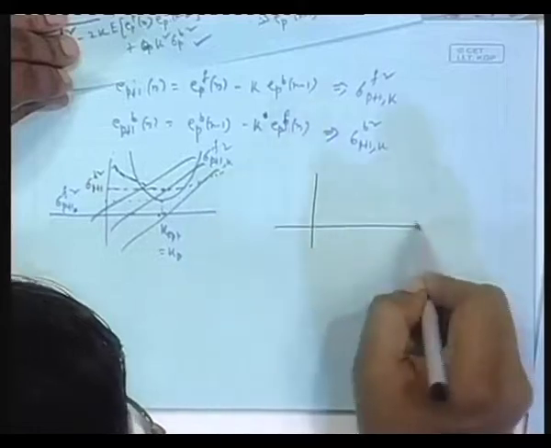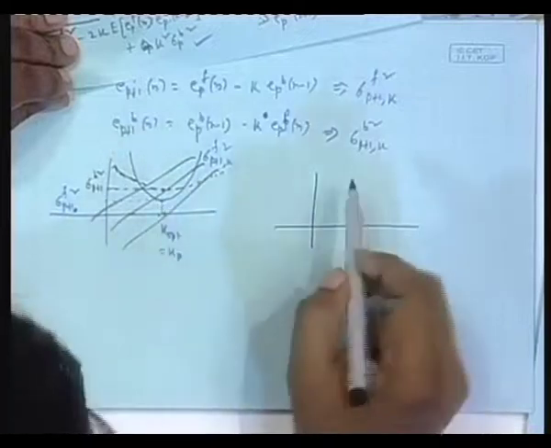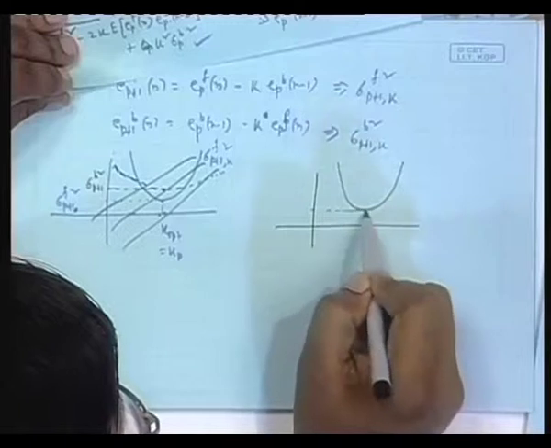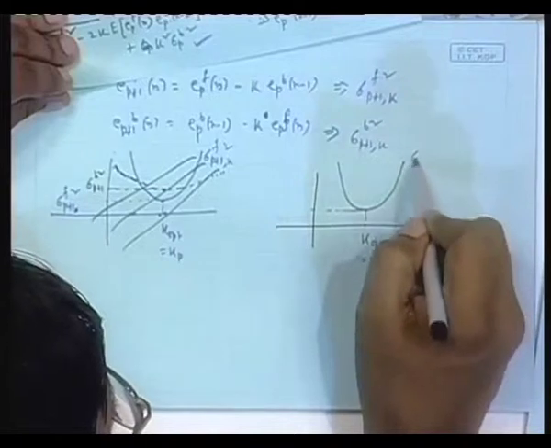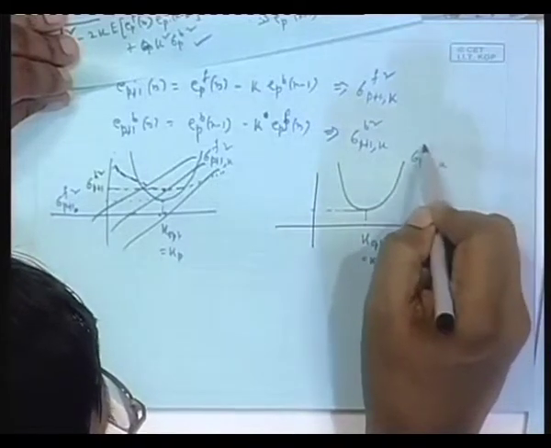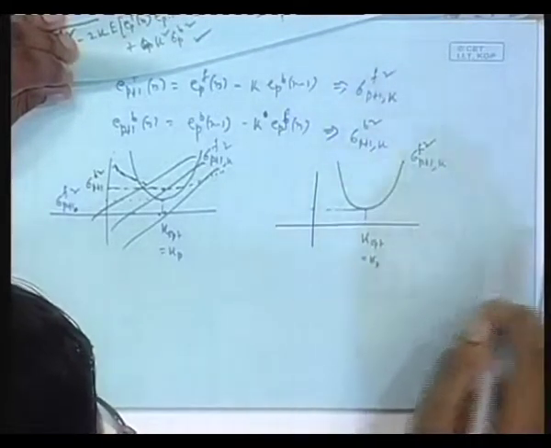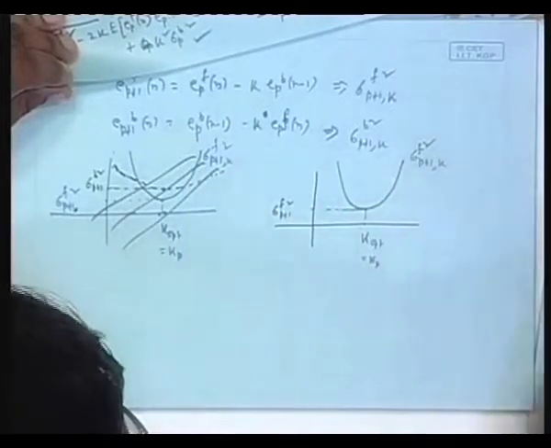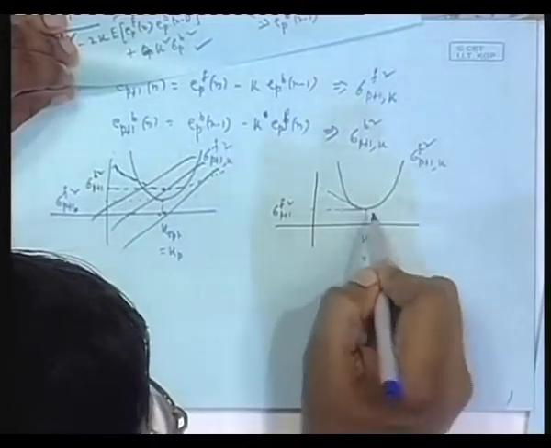This figure is not correct, because these two are the same, so I should not show them to be different. K opt equals k p, this is sigma p plus 1 comma k square with f of course, and the other one could be like this.